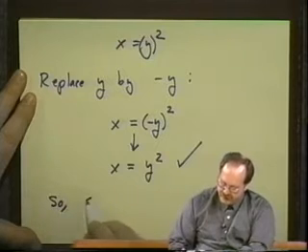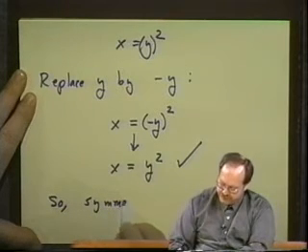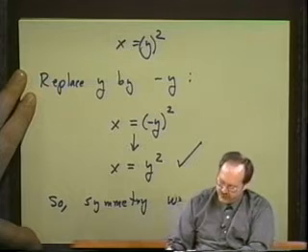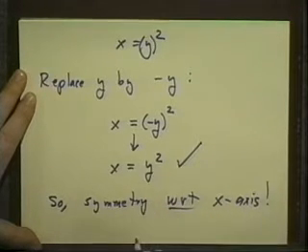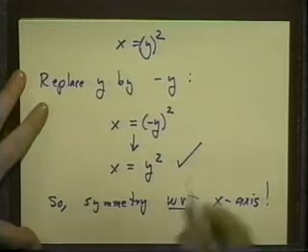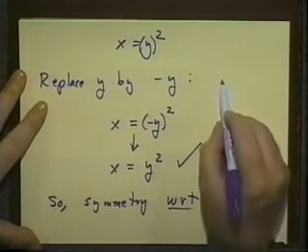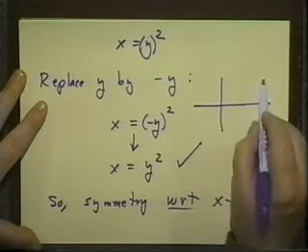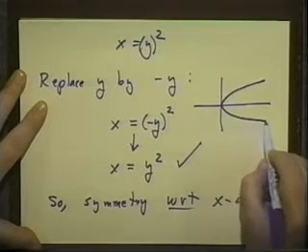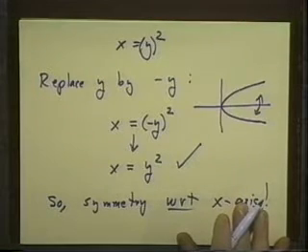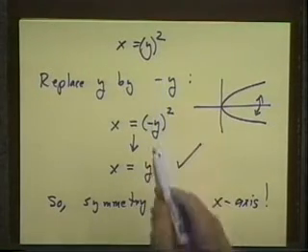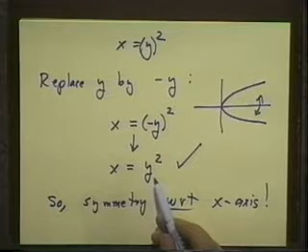So we have symmetry with respect to the x-axis. And if you look at the picture of this, I'll draw it up here in small. The actual graph of this looks like this. And you can see the symmetry with respect to the x-axis there. But this is a technique for checking symmetry without actually drawing the picture.